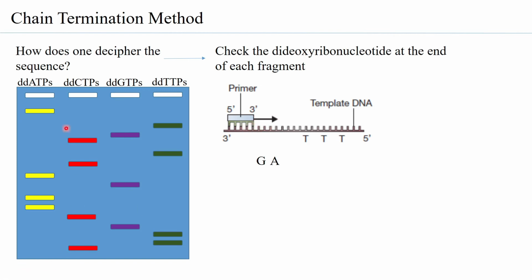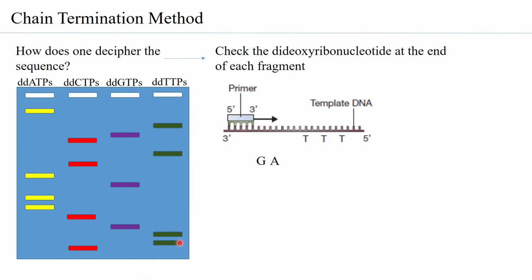So let's consider that of all these fragments, the C family has moved the farthest. So if this is C, then we know that what has been added is C, and this belongs to the C family. What is therefore complementary to C is G.